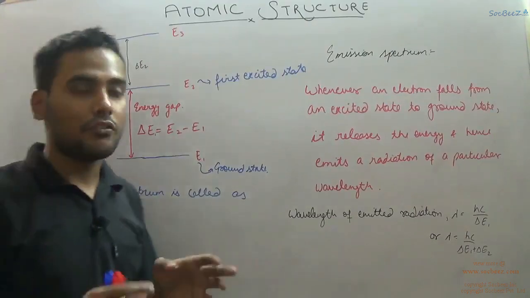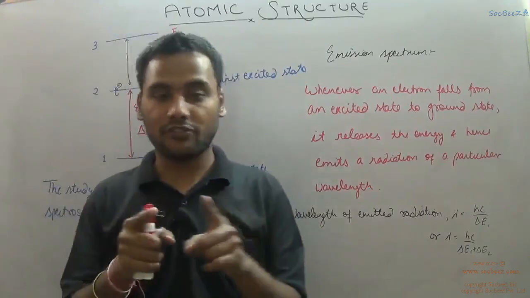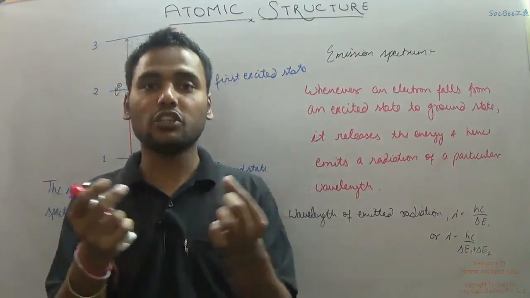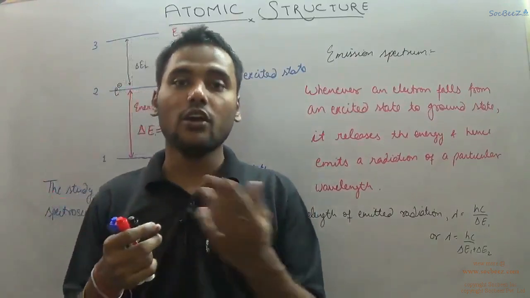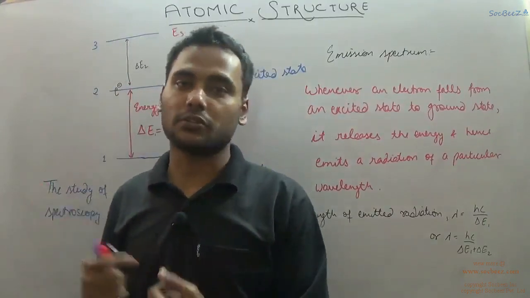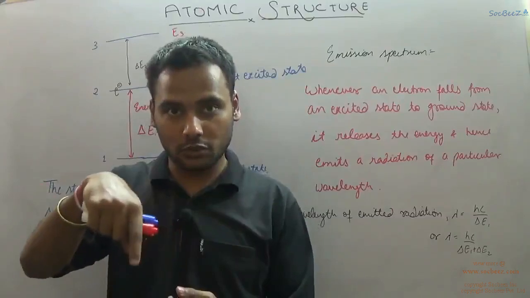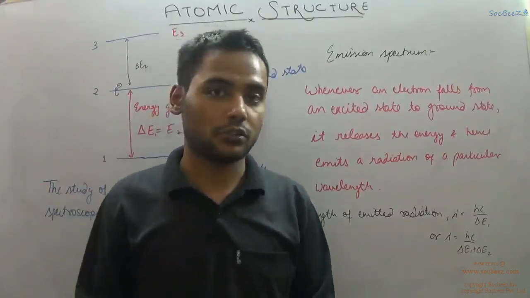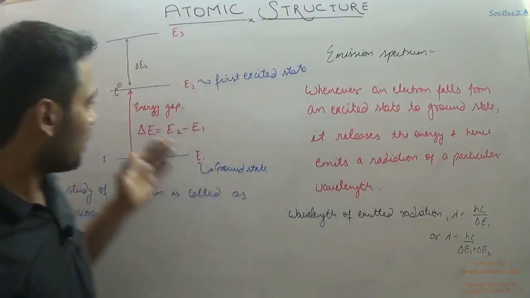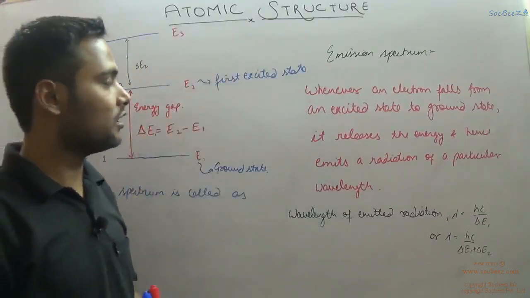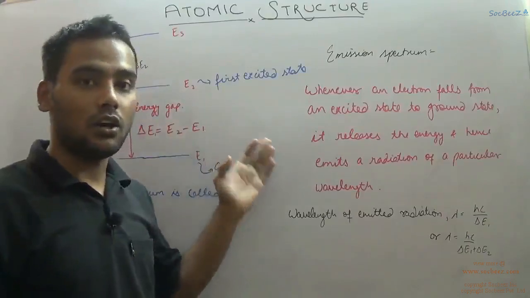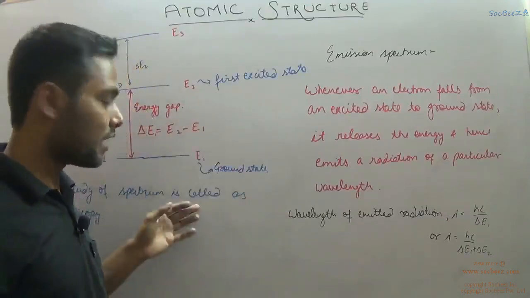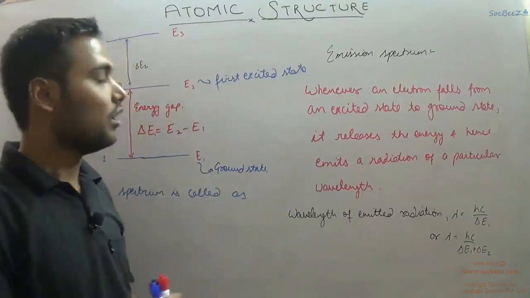For example, in the case of the H2 molecule, if you study the vibration of the atoms, then we call it vibrational spectroscopy. Or the rotation of the two atoms, then we call it rotational spectroscopy. Similarly, further classification is done based on the type of spectrum which you are studying.